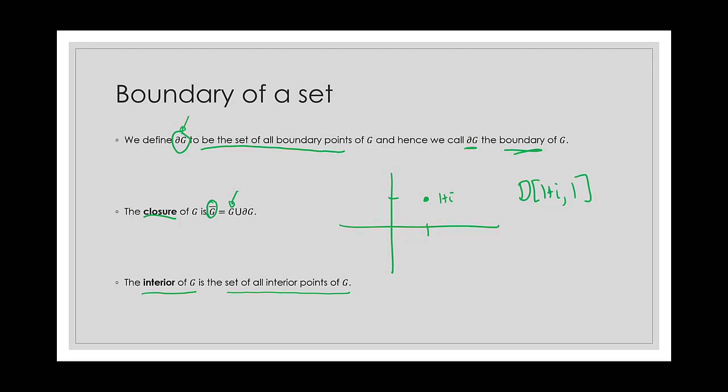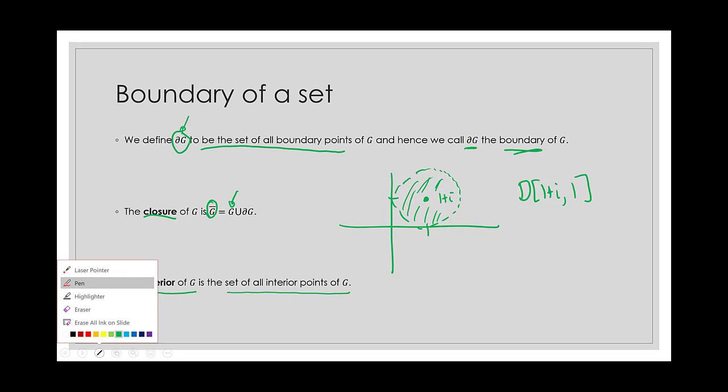We'll get this shape here and everything on the inside, which I don't want to shade in because I don't want to mess with the picture too much. D(1 plus i, 1) is all of this, but now I'm going to erase it because I want to point out some things.